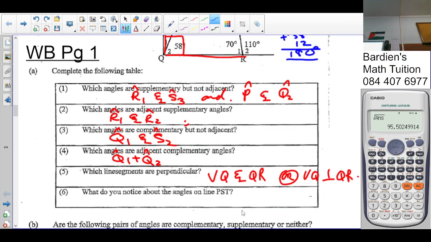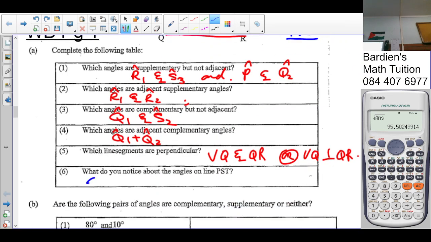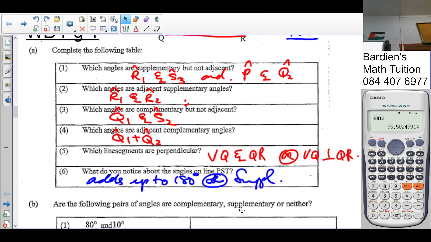So what do you notice? They add up to 180. Or we could have said they were supplementary angles. What does supplementary mean? Add up to 180. Did you see that, people?